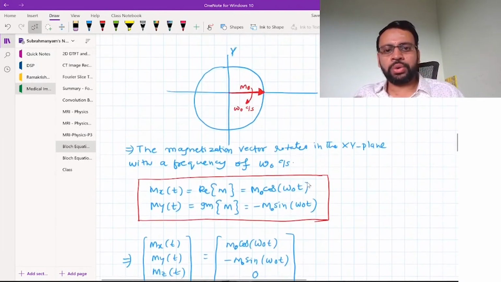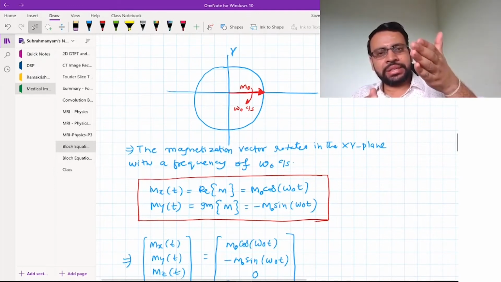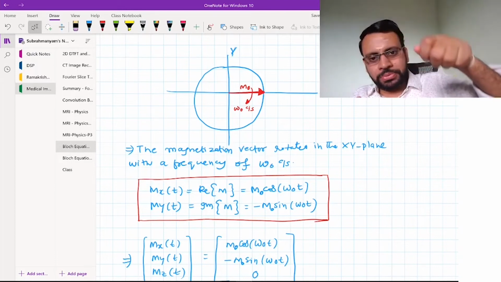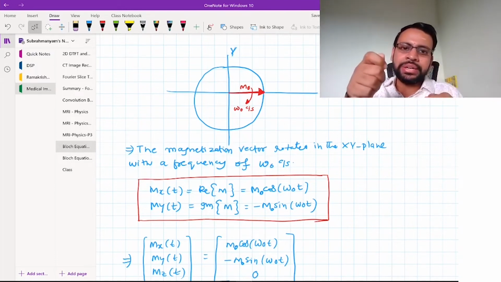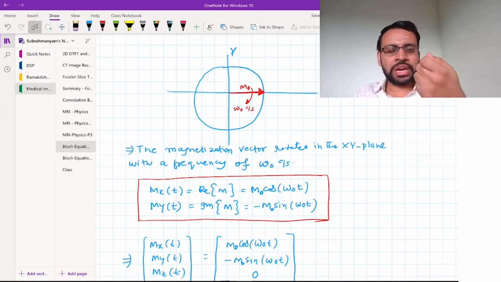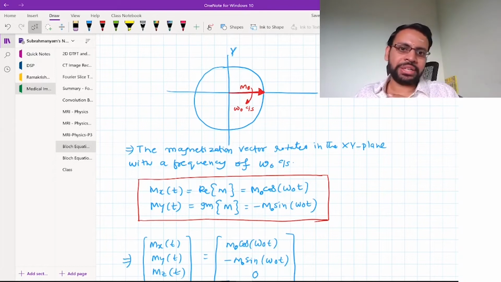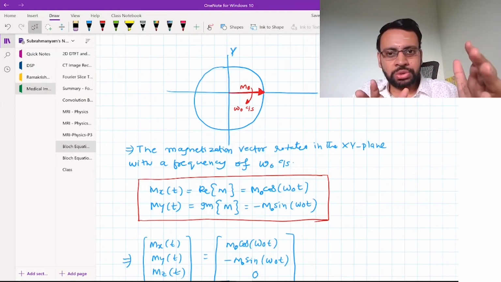Suppose this is not starting here, but starting somewhere else. Then what is going to happen? You notice this would still be rotated with a frequency of omega naught, which is gamma times your B vector, but just that your initial point is different, so you just need to rotate it.